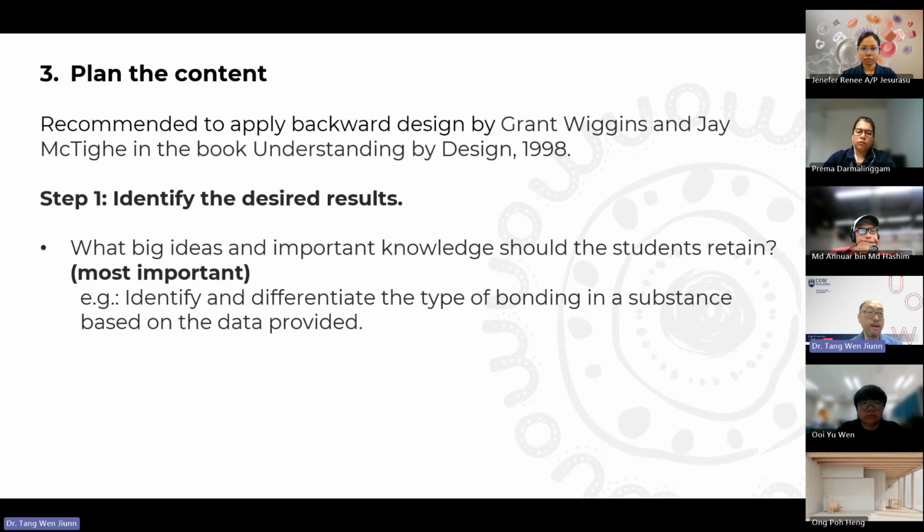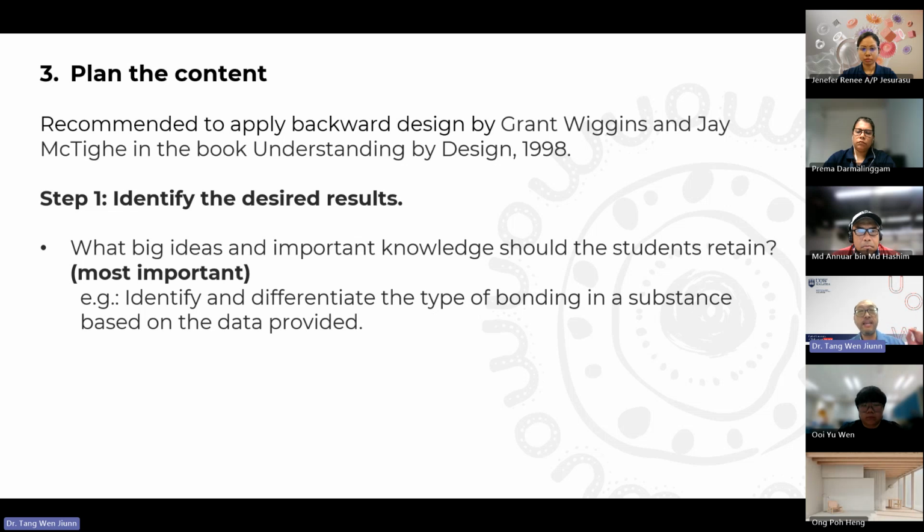For the backward design, we start from the desired outcome. Identify the desired results. In other words, what we want the students to know. In other words, we think about assessment first.